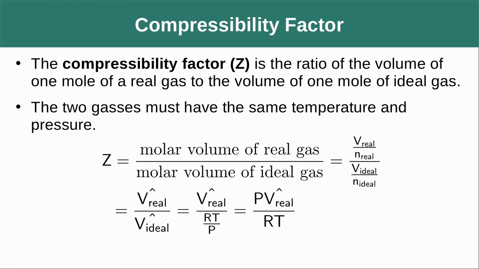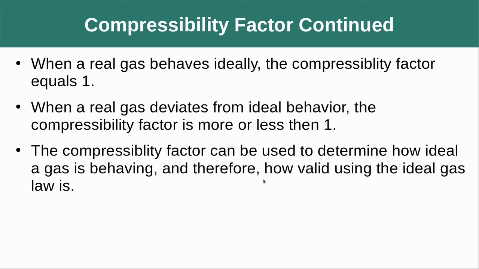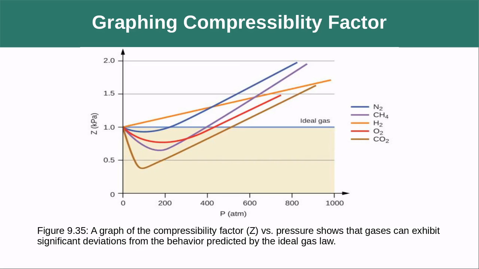This numerator is going to be the same as the denominator here. When a real gas deviates from ideal behavior, the compressibility factor is more or less than 1. And the compressibility factor can be used to determine how ideal the gas is behaving, and therefore how valid using the ideal gas law is.